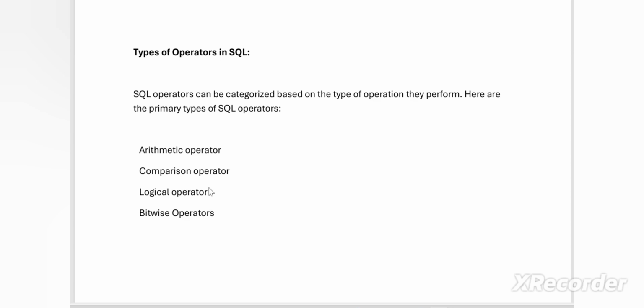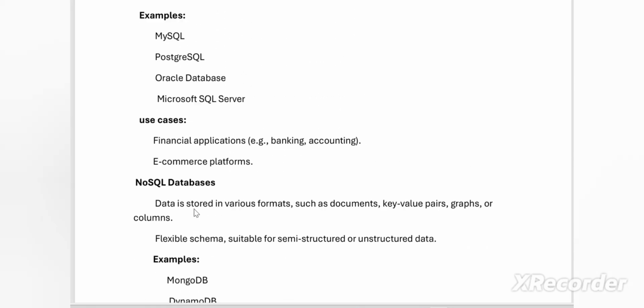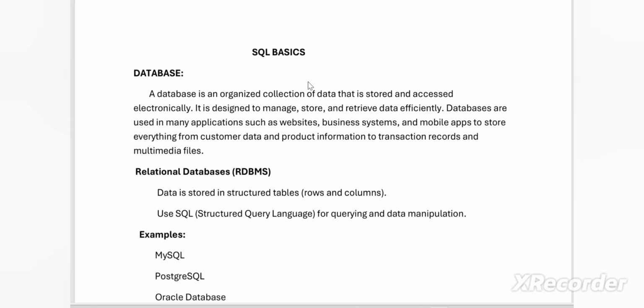In logical operators, we will be having logical AND, OR, and NOT. And next one is bitwise operators. Bitwise operators consist of bitwise AND, bitwise OR, left shift operator, right shift operator, and so on. So this is about the basics of SQL.